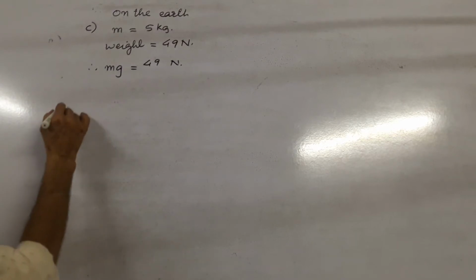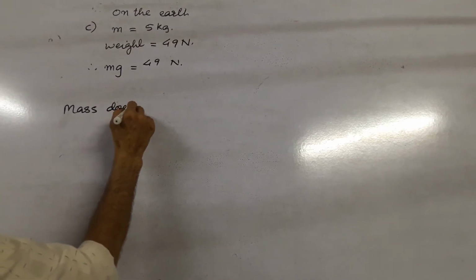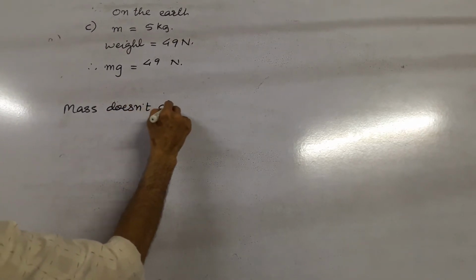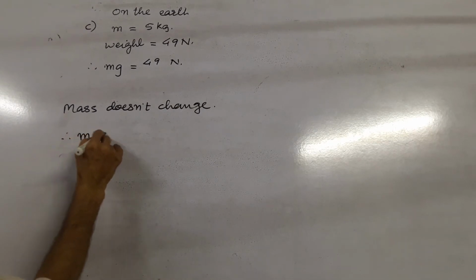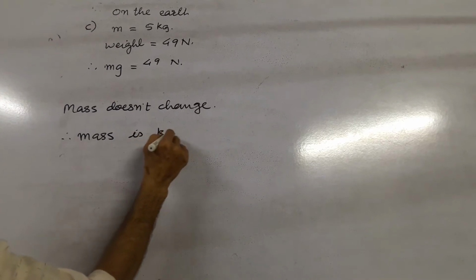These are given on the earth, and we have to find their mass and weight on the moon. But we know that mass remains constant, mass doesn't change, because mass is the matter contained in a body, and therefore the mass of that body on the moon will be the same. So you have to write: the mass doesn't change, therefore the mass of the body is 5 kg.